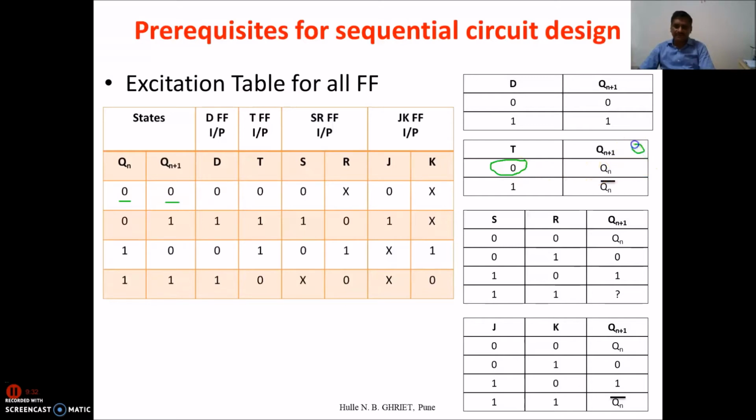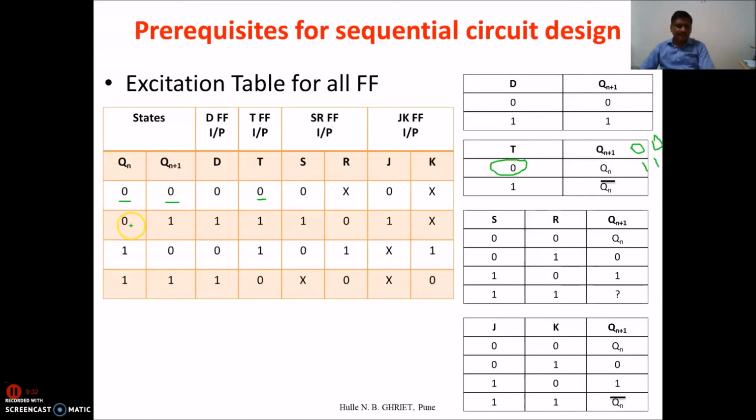If the previous state is 0, the next state will be 0, and if the previous state is 1, the next state will be 1. But what is our condition? Our condition is that the present state is 0 and we want the next state to be 0, and to have the next state 0, we have to apply the input 0. That's why the 0 input is applied here.